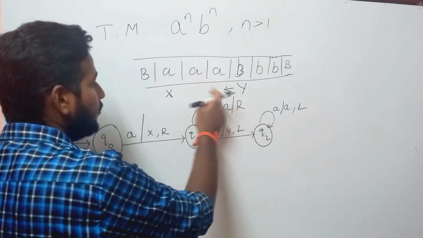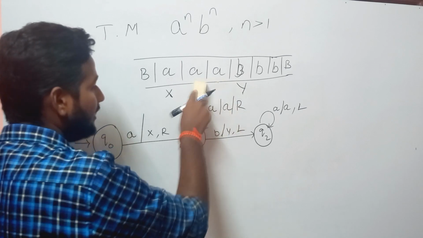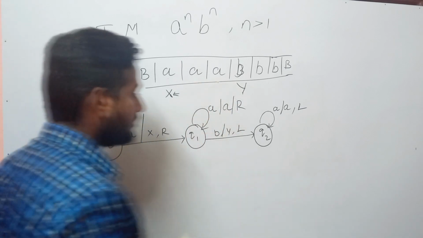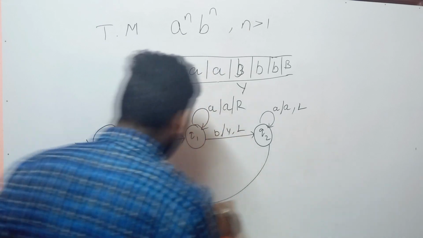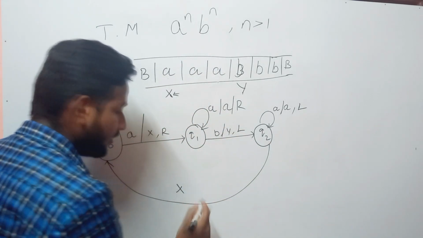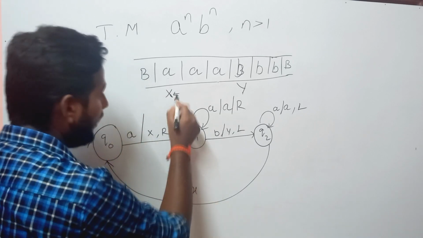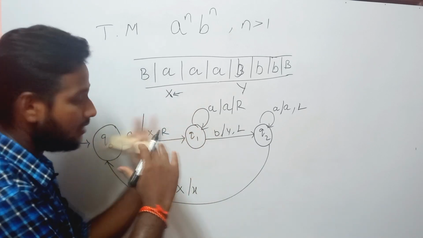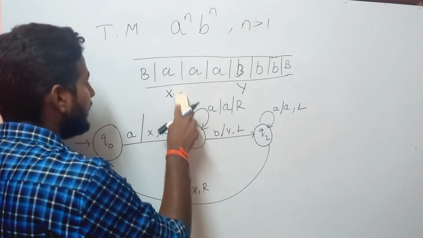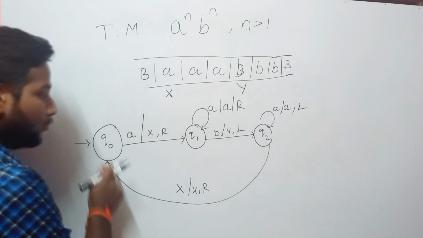Then the pointer moves towards the left by ignoring these two A's and it reaches the X. Whenever it reaches X, it keeps X as X and the direction changes from left to right, and the state comes to Q0.